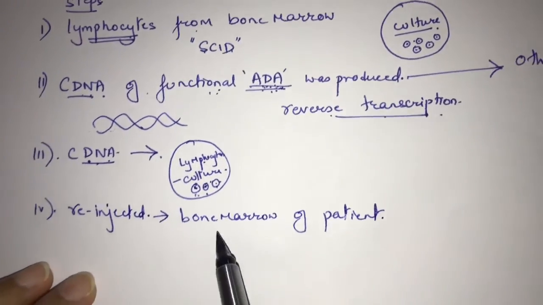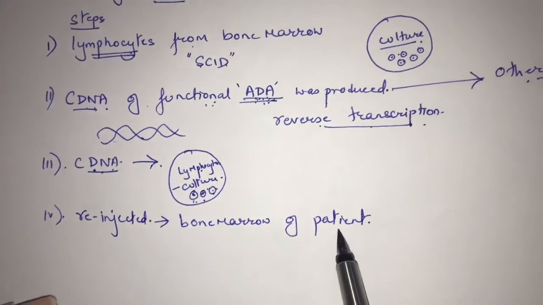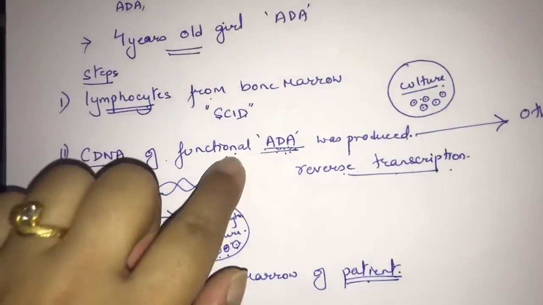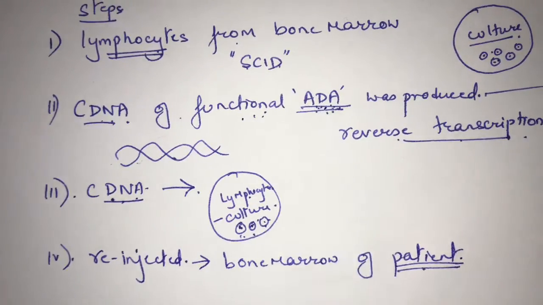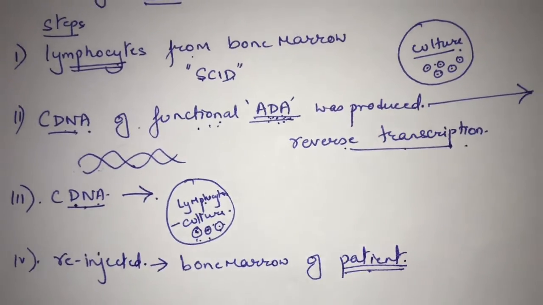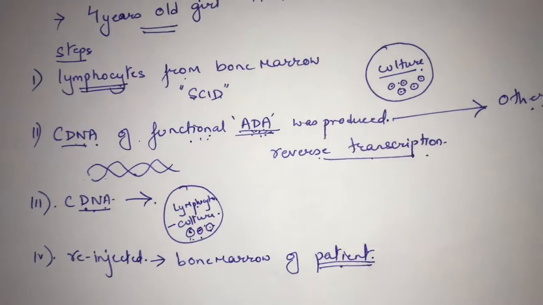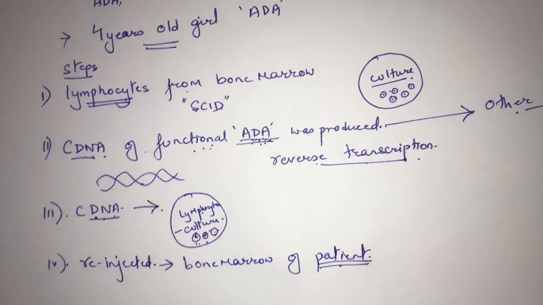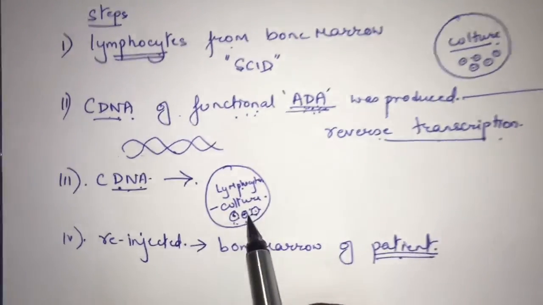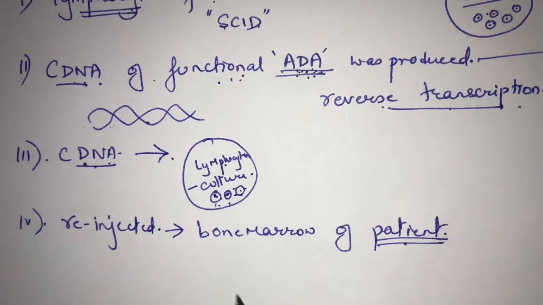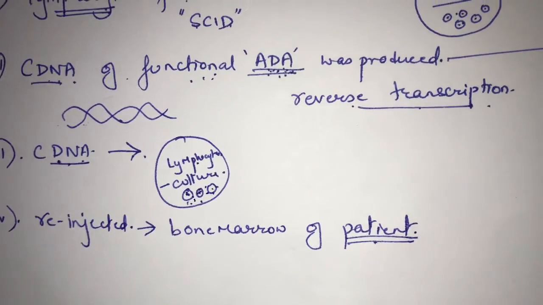Now, when it is re-injected into the bone marrow of the patient, the patient has the functional gene for ADA. So, this is how gene therapy is done. One thing to remember: since lymphocytes are not immortal, that means these cells do not live for long, they will die, you know that.